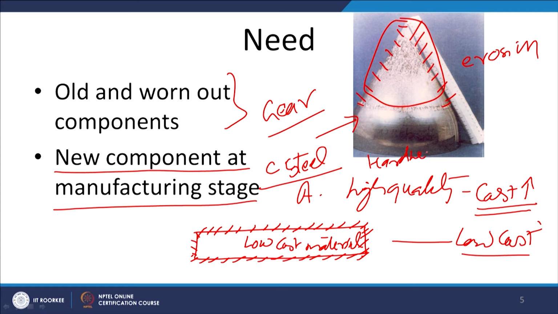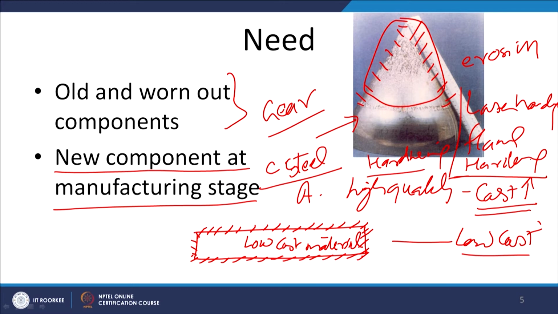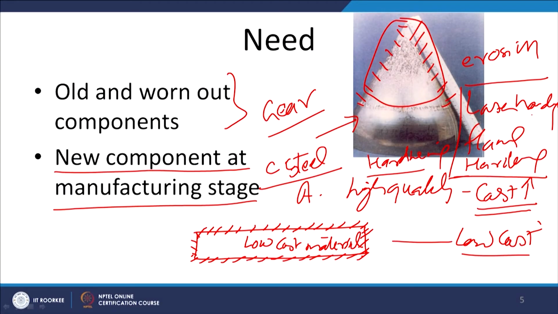For the hardening purpose, we can use flame hardening, induction hardening, or laser hardening. These are some of the approaches which are used for engineering the surfaces of gear teeth, so that they can have the desired surface properties, desired hardness to resist the adhesive or abrasive wear during the service.